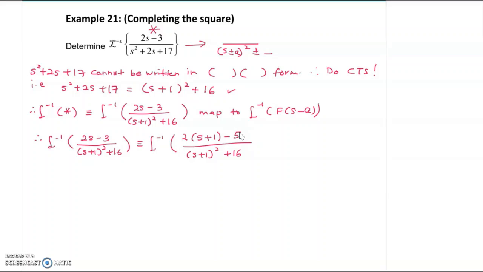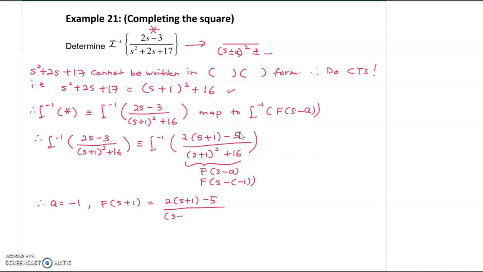Now this is exactly F(s minus a), which is F(s minus negative 1). So we know that our a equals negative 1 and F(s plus 1) is equal to 2(s plus 1) minus 5 over s plus 1 squared plus 16.